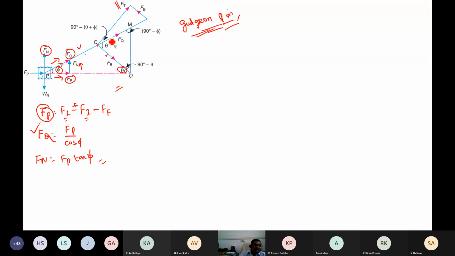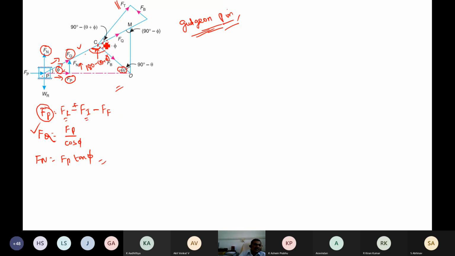The total angle is 180 degrees. So this is a triangle, and this angle will be 180 minus (theta plus phi), right?